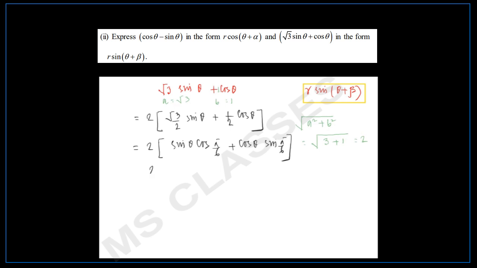Now this is sine A cos B plus cos A sine B, which is sine of A plus B. Now if you compare, you have got exactly this format. So R is 2, and beta equals pi by 6.